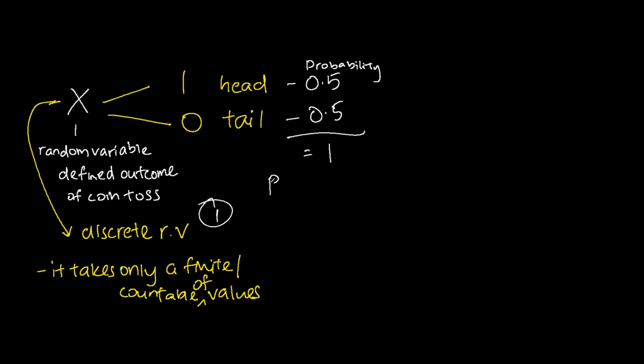In other words, probability x equals 0 plus probability x equals 1 equals 1, where x equals 0 is the outcome of a coin toss being a tail, while x equals 1 is the outcome being a head.